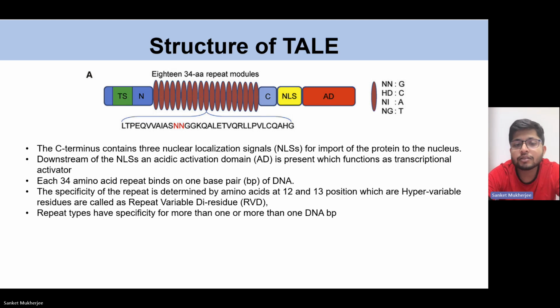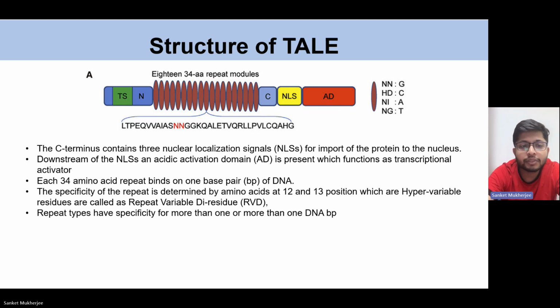And within these repeats, the 12th and 13th amino acids, which are marked in red in this diagram, decide the specificity of binding. So to which particular base this DNA binding domain will bind is decided by the 12th and 13th residue among these 34 amino acid repeats.